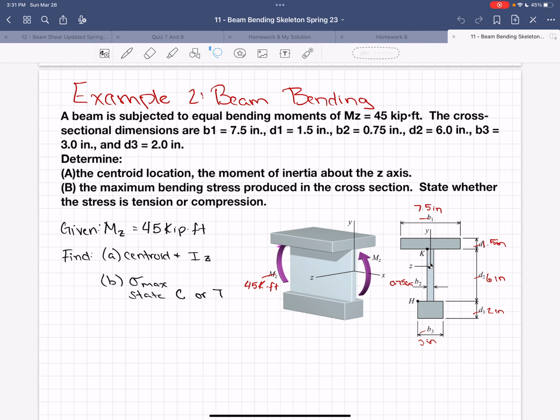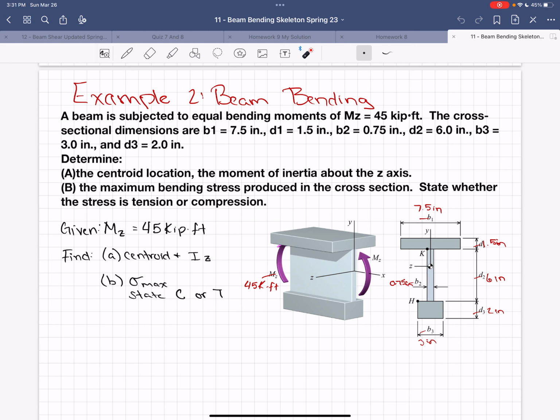The cross-sectional dimensions are labeled on the cross-section, and we're supposed to find the centroid location and the moment of inertia about Z for part A. And then for part B, we're supposed to find the maximum bending stress produced in the cross-section and state whether the stress is in tension or compression.